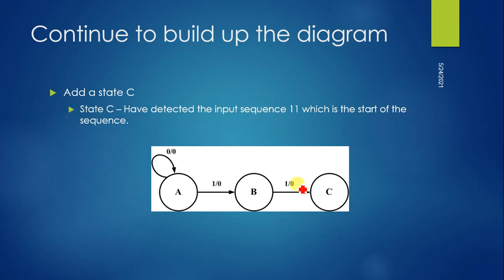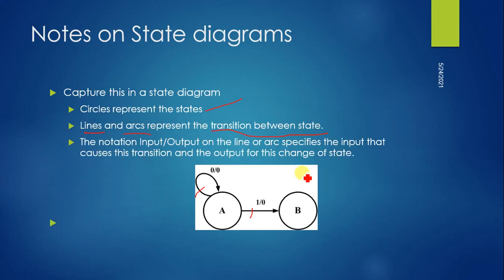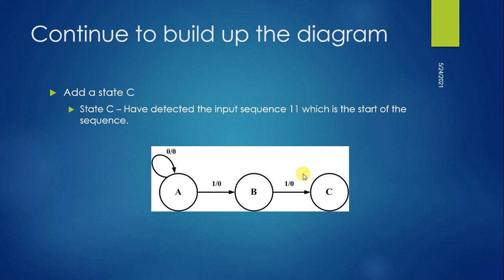So here we have to mention what output we can expect from B; it is not mentioned. It has detected an input sequence 1 1. We are not bothered about the sequence which started the start of the sequence.